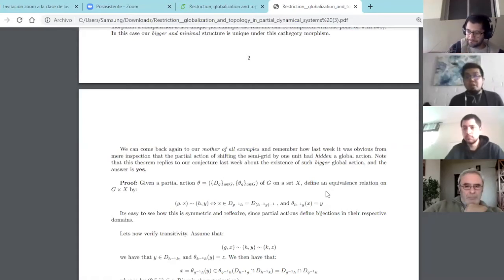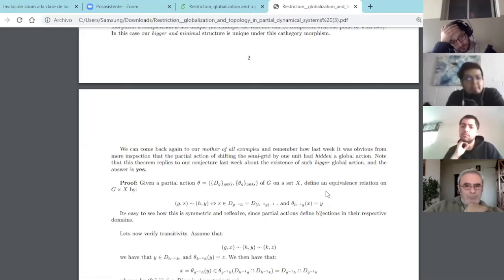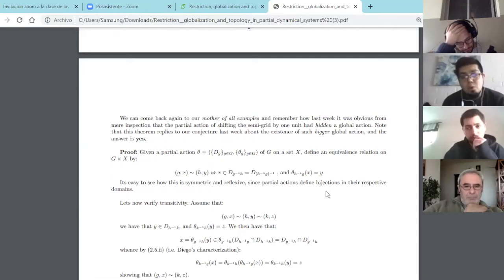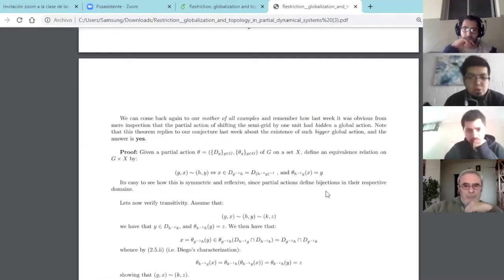So this theorem says that yes, we can always find that bigger structure. So given the partial action, we will build this equivalence relation in the usual fashion when we want to find these bigger structures.